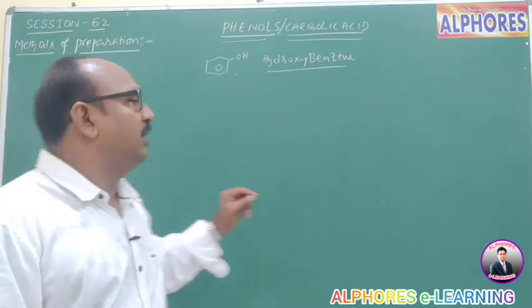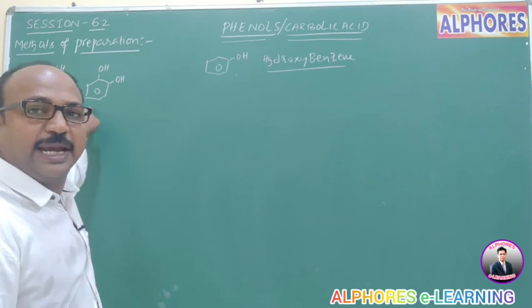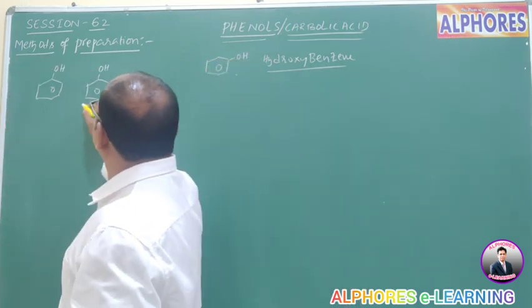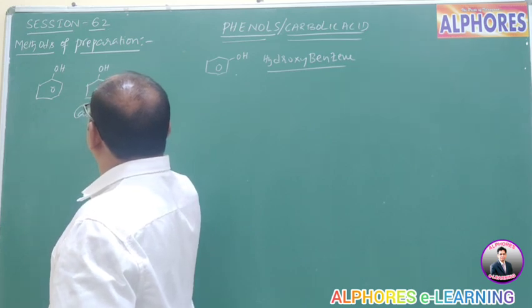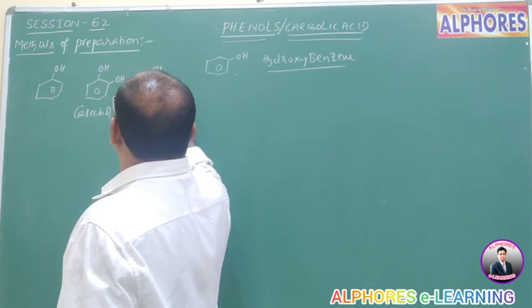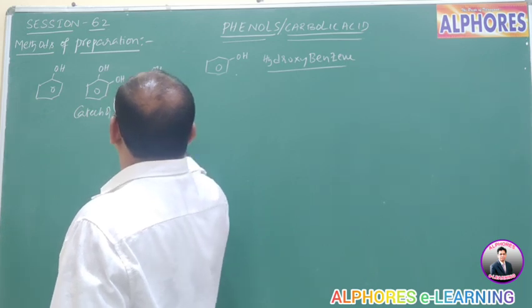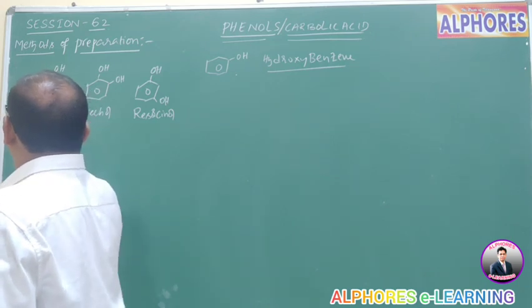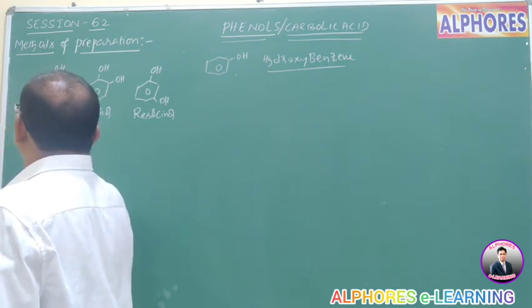Ortho-dihydroxybenzene is called catechol. Meta-dihydroxybenzene is called resorcinol. And para-dihydroxybenzene is called hydroquinone.